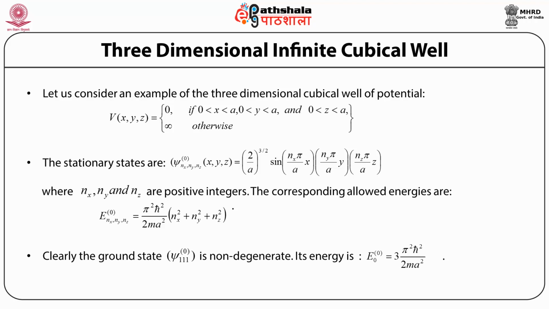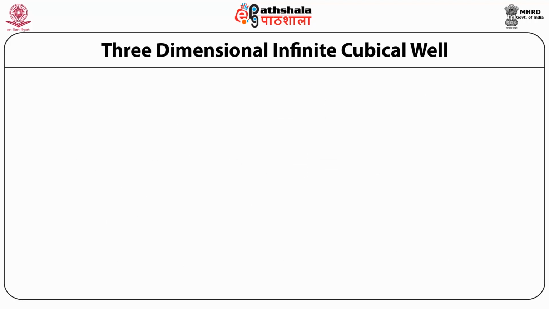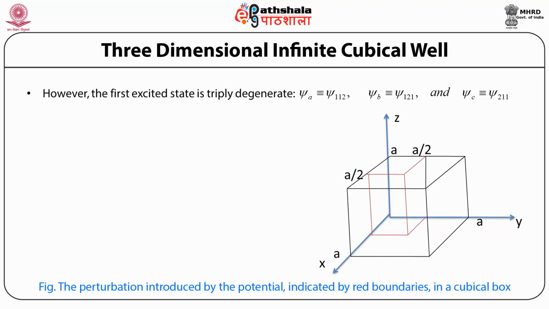Clearly, the ground state psi 111 is non-degenerate. Its energy is E00 equals 3 into pi square h bar square by 2m a square. However, the first excited state is triply degenerate. So, the energy which was a single excited state, the first excited state, now becomes three energy states, which is triply degenerate.